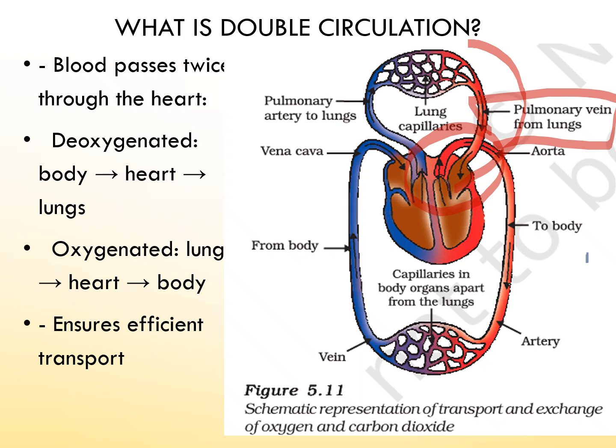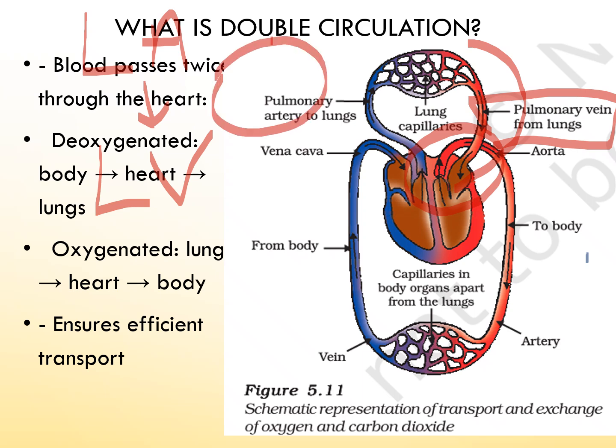From the left atrium, the oxygenated blood will go to the left ventricle with the help of a valve which has two flaps called the bicuspid valve. Now, the left ventricle is thick walled and has high pressure, and when it contracts, it will push the blood out.